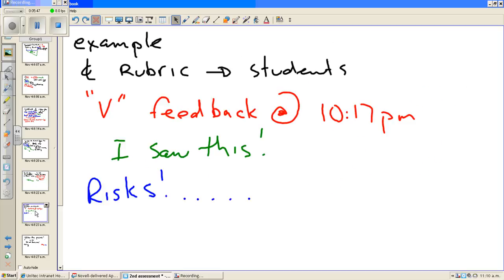Well, if we've got an online Buzz, or we can have a video conference, we can actually deal with the questions right now. But we have to be a bit careful about that, and we've got risks. So I'll give an example here. I made a rubric for my students, and I posted that up there, and one of my tutors fed back at 10:17 p.m. I saw that.